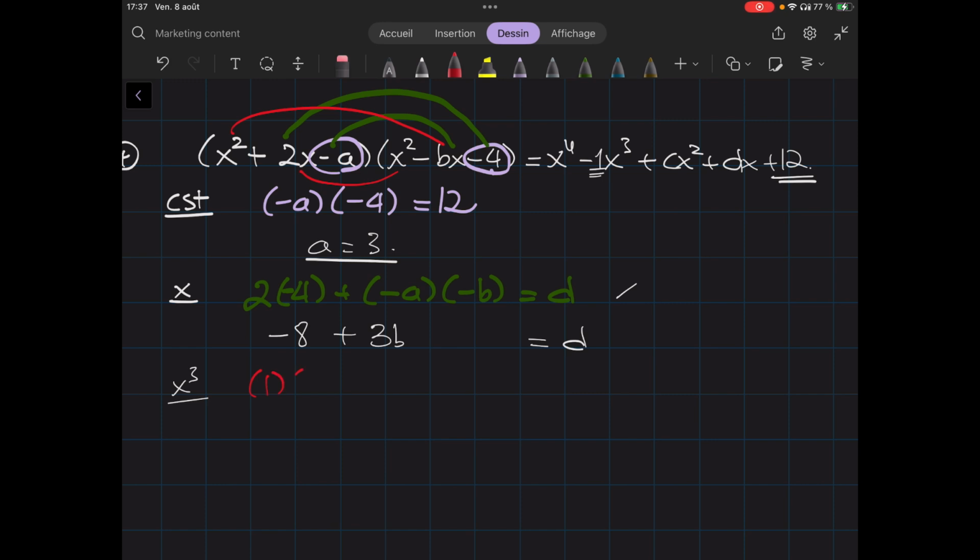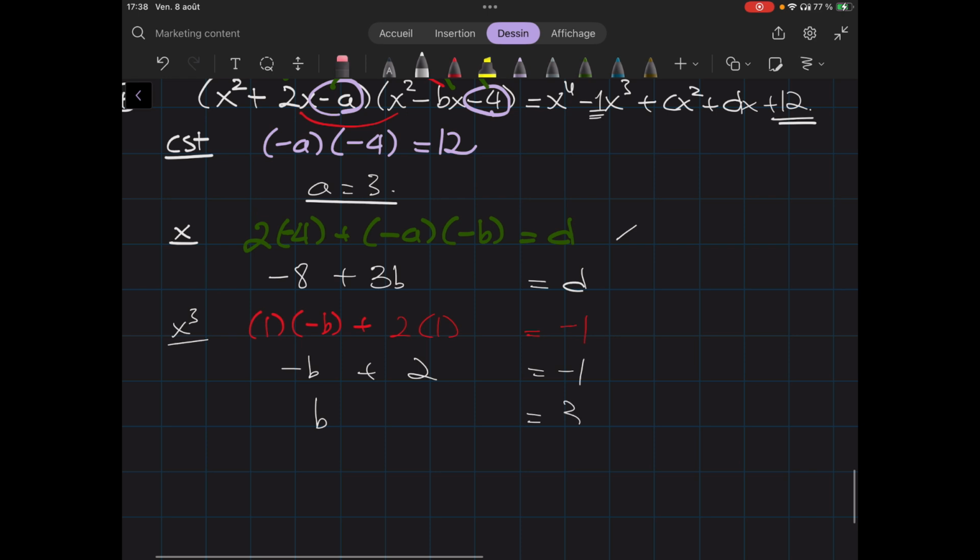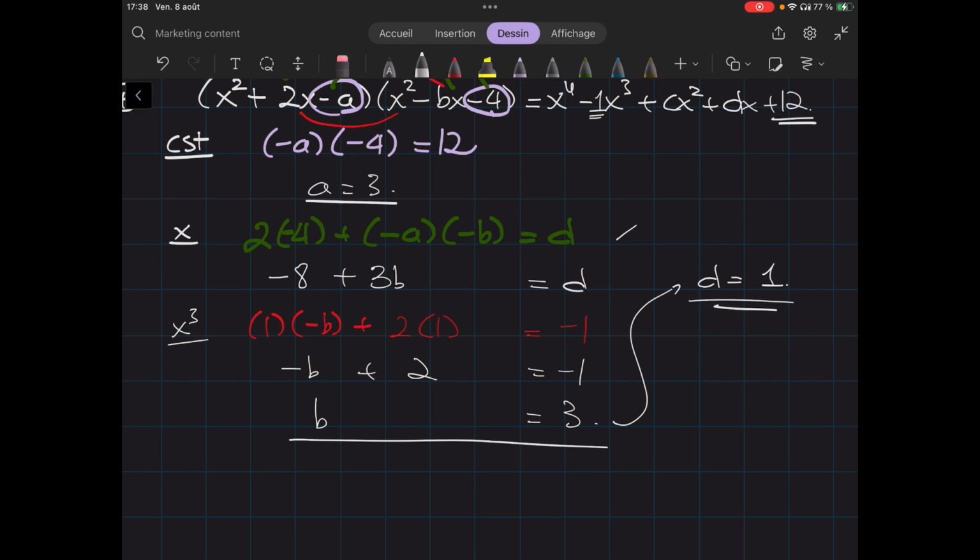So 1 times -b plus -a times 1 plus 2 times 1 is equal to -1. B plus 2 is equal to -1. B is equal to 3. If B is equal to 3, then we know D has to be equal to 1.